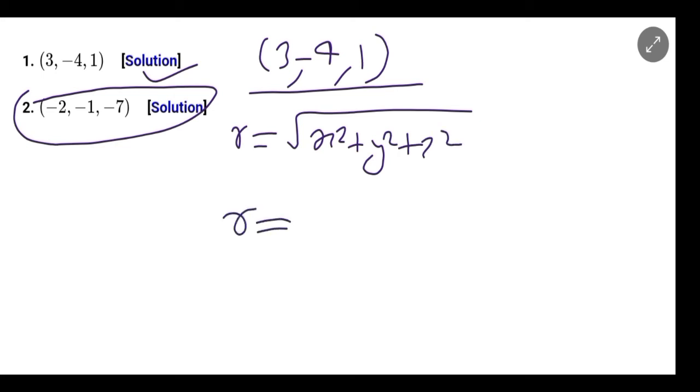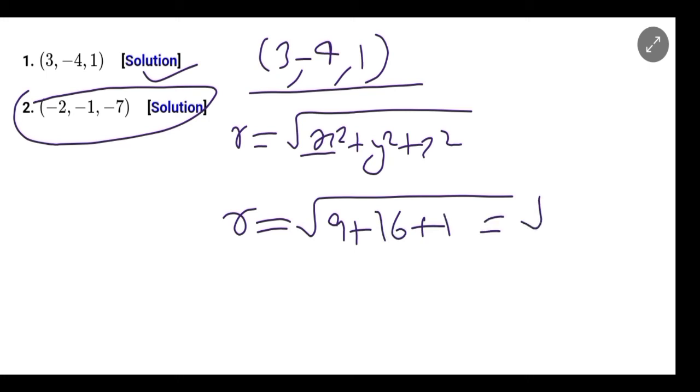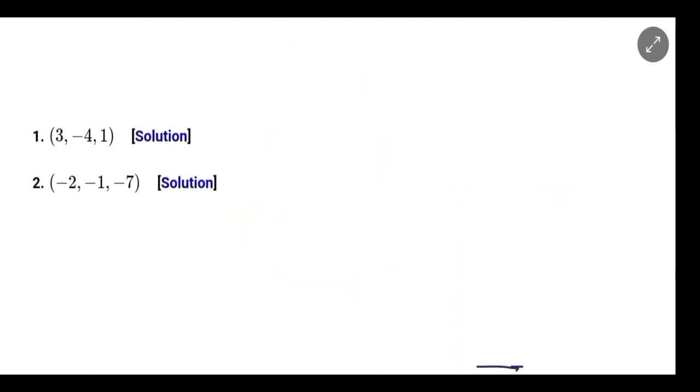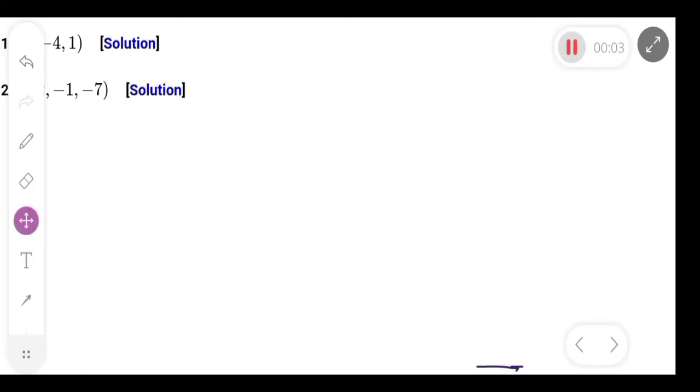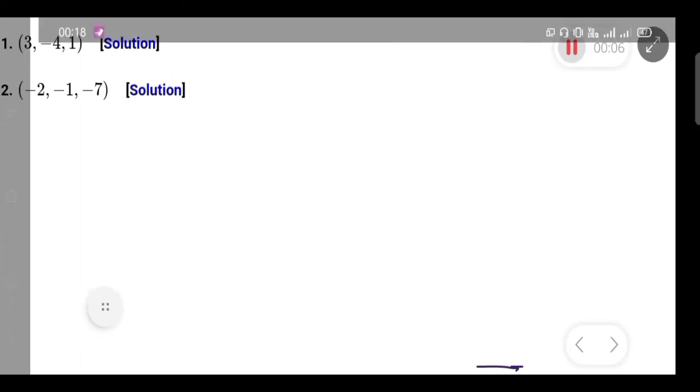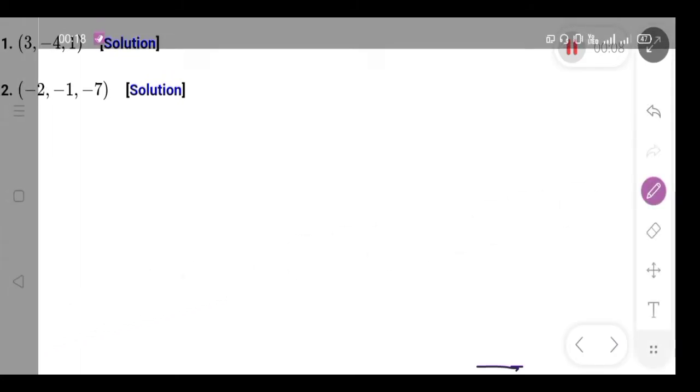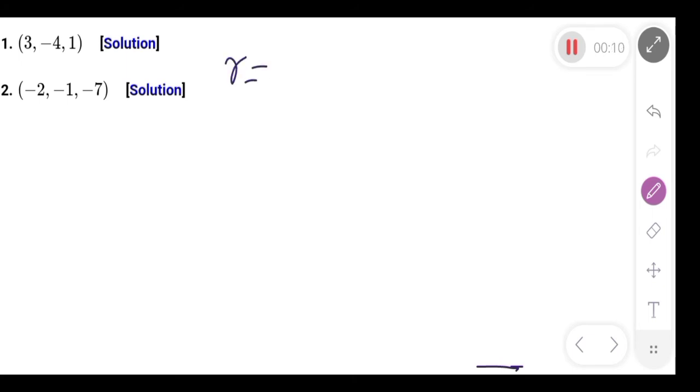Now r is equal to square of 3 is 9, square of minus 4 is 16, and square of 1 is 1, then we get under root 26. Now the value of r is under root 26.